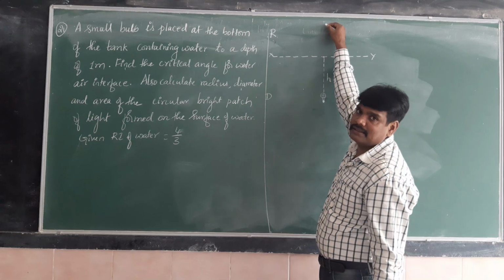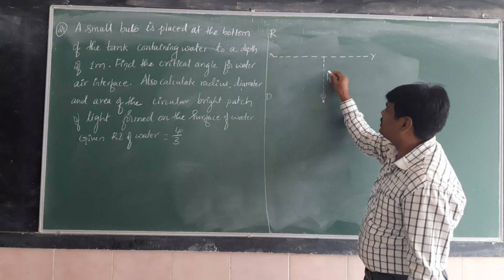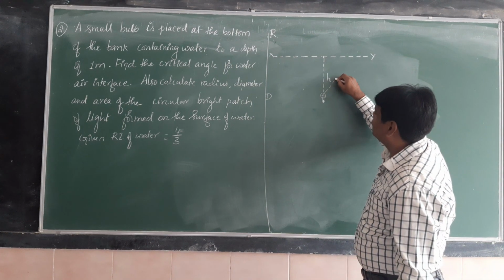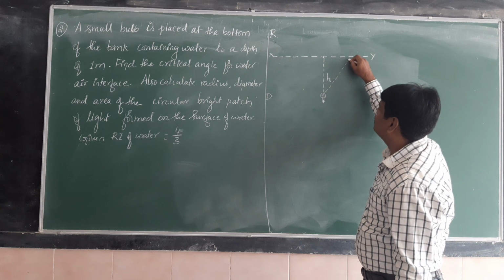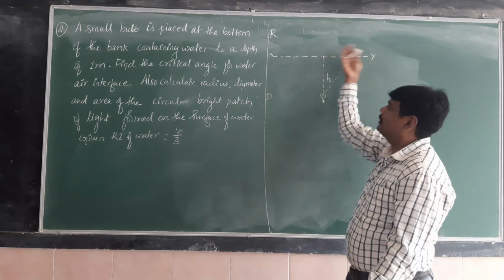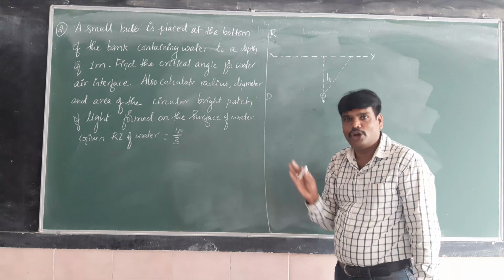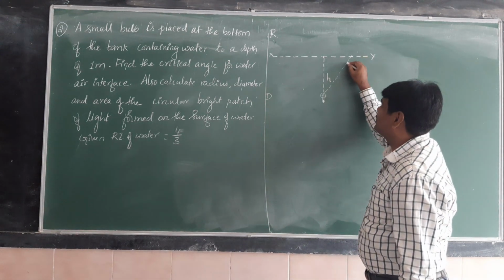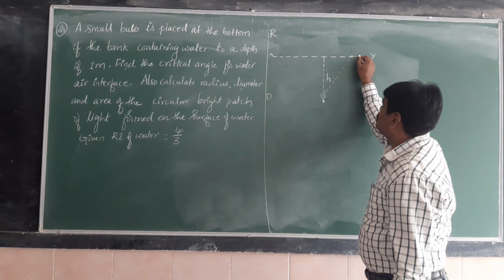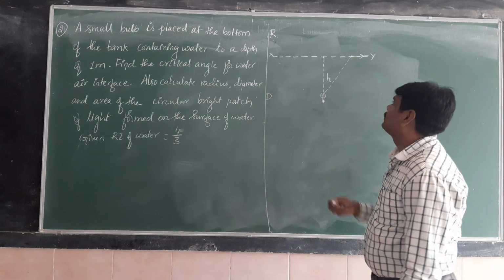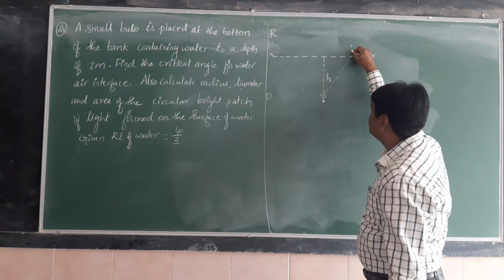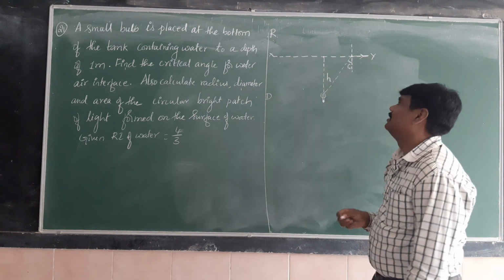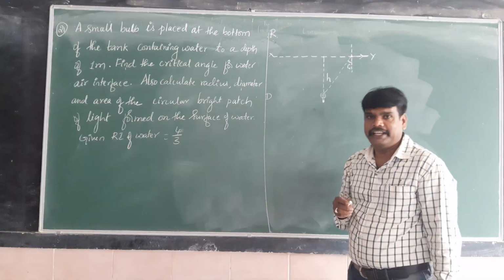If the angle of incidence keeps increasing, if I consider another ray somewhere here, the angle of refraction also increases. You know the phenomenon of total internal reflection. At a particular angle of incidence, the refracted ray just grazes the surface. This particular angle of incidence is what we call the critical angle. You know the definition of critical angle.